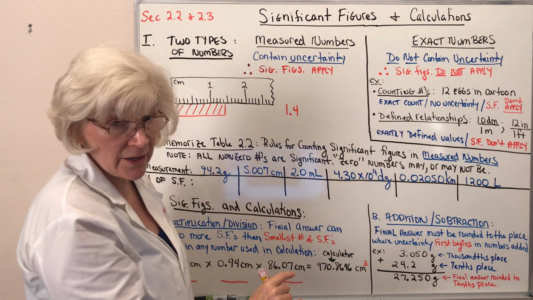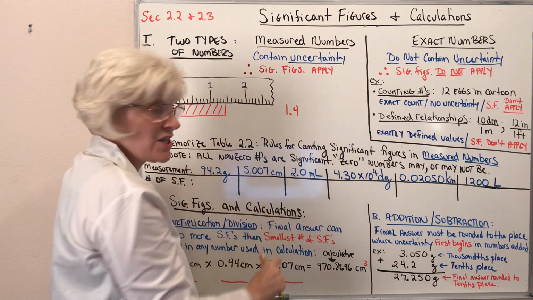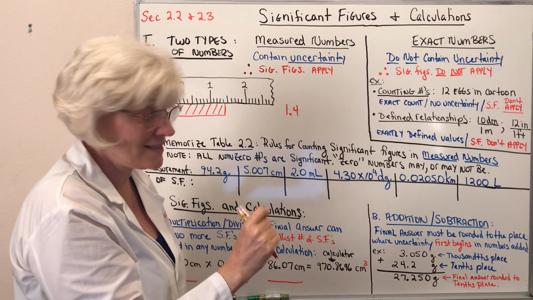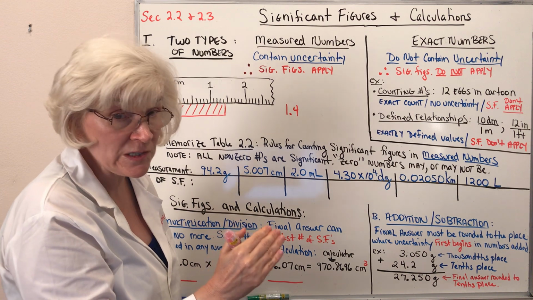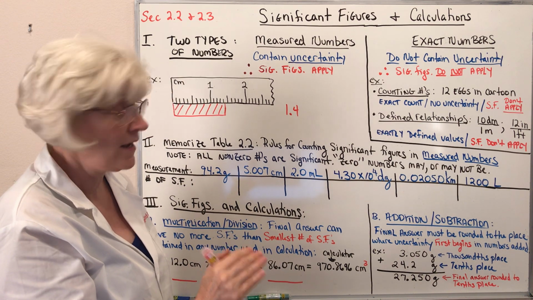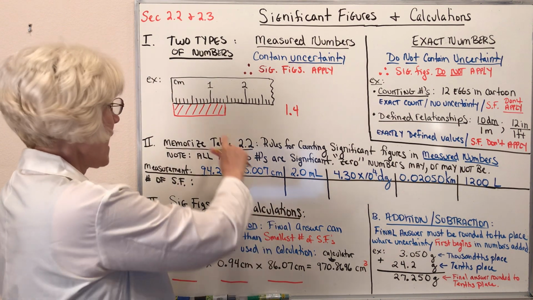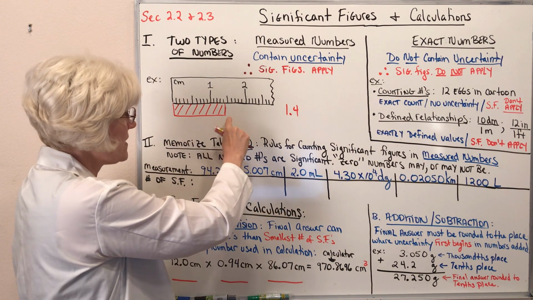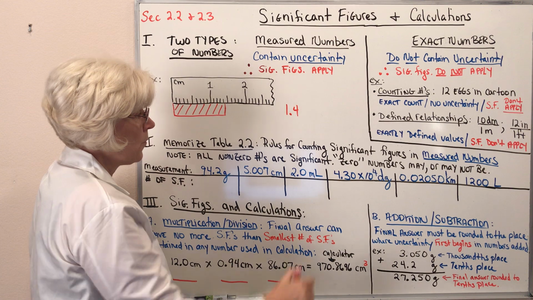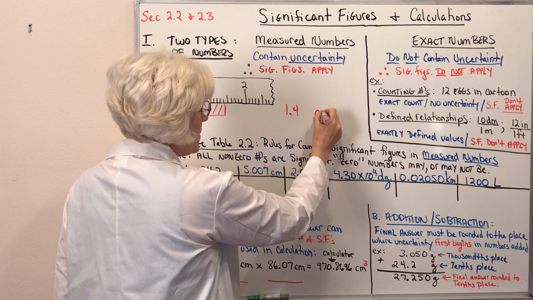This is a measured value. The last digit that you write, the last significant digit, is the place where you say you are uncertain in the reading of the measurement. And it's clear to me, and I hope to you from this drawing, that this object is at least 1.4, and we'll put that unit there.